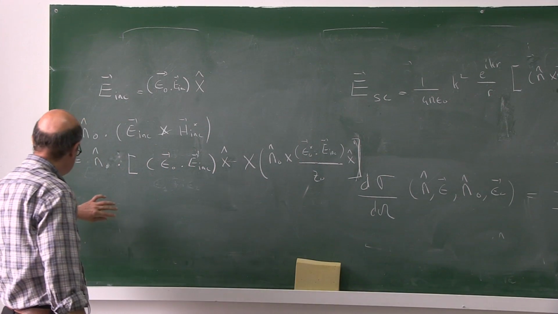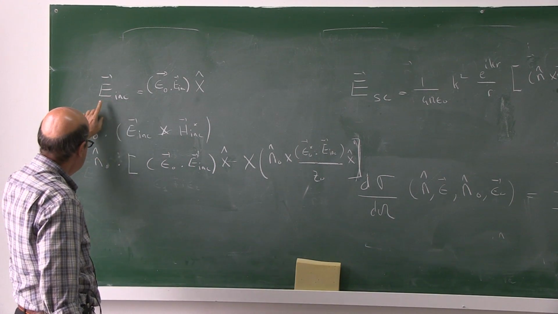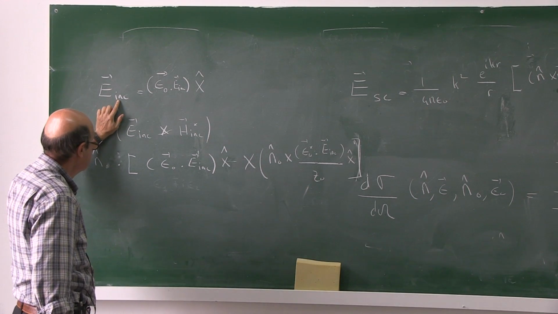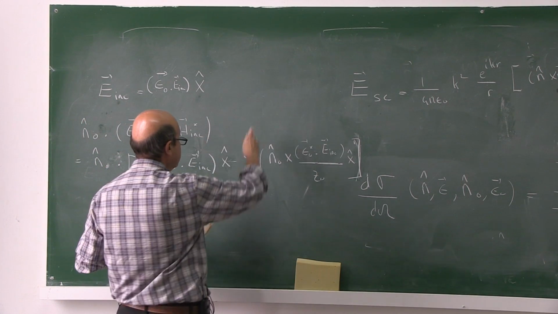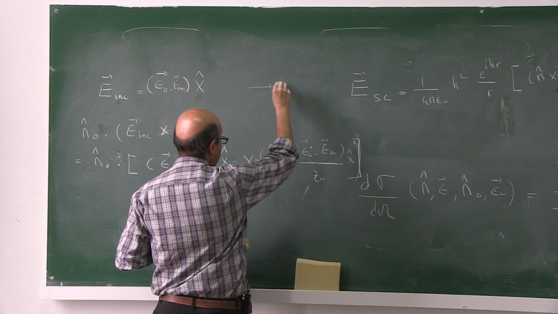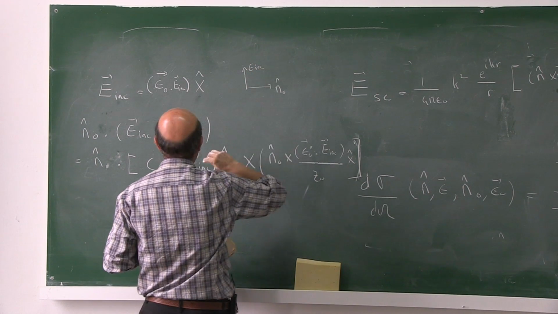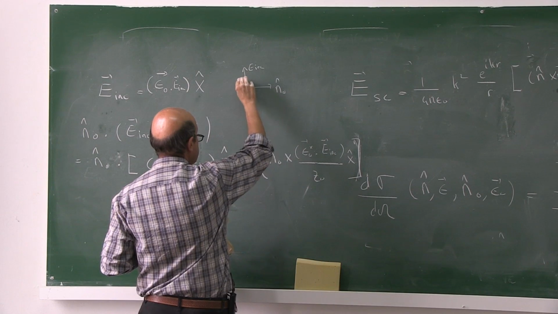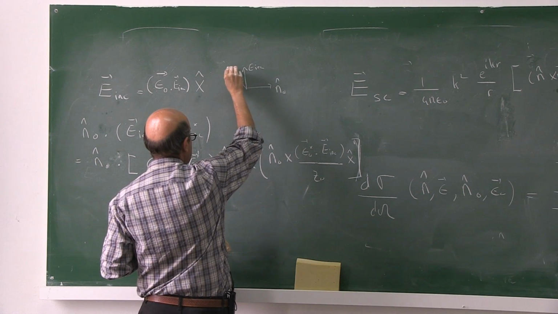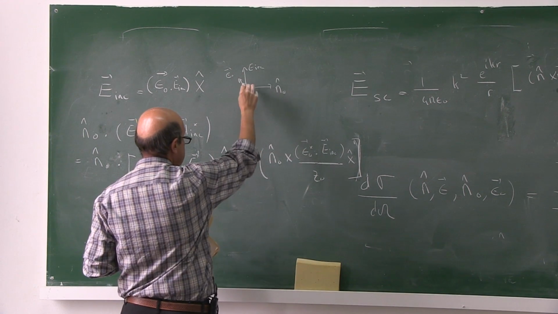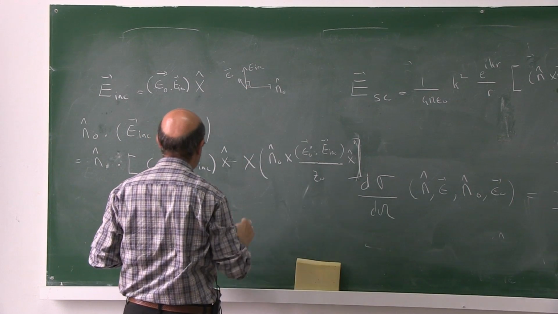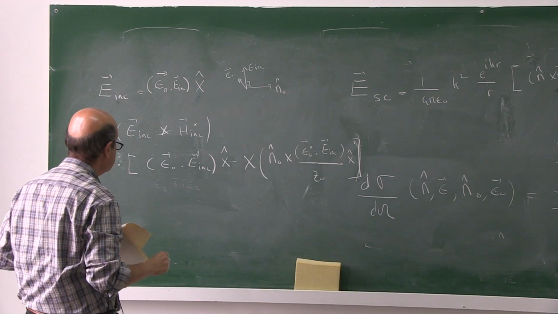So let us summarize the things. I defined that the E incident has some direction. So basically you have n0 and E, and you look at the projections around epsilon 0 of this. These are orthogonal to the propagation direction.